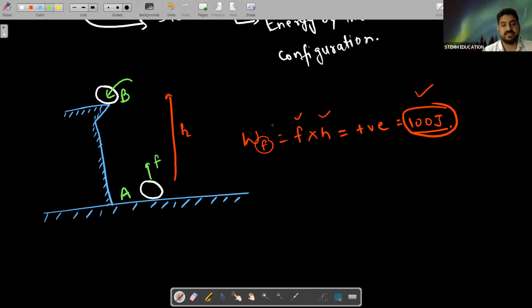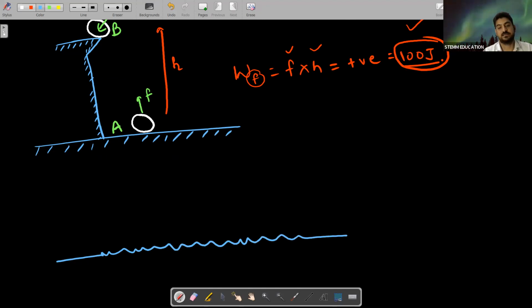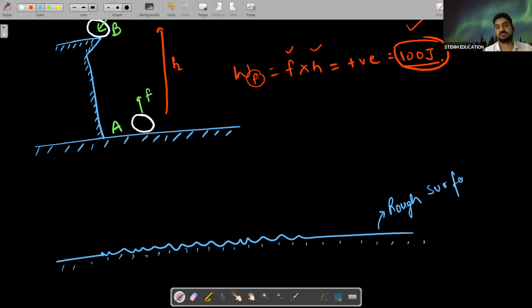Now, let's take another example. What is this? This is a rough surface. Now, what is a rough surface? A rough surface is something that is causing friction.